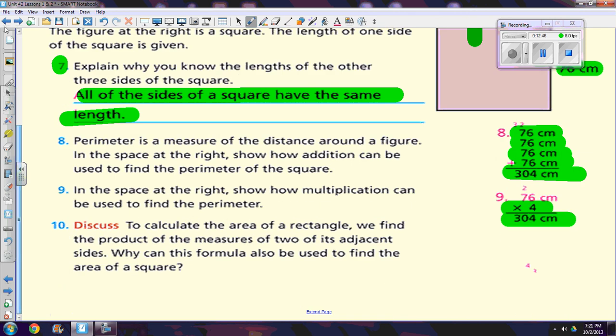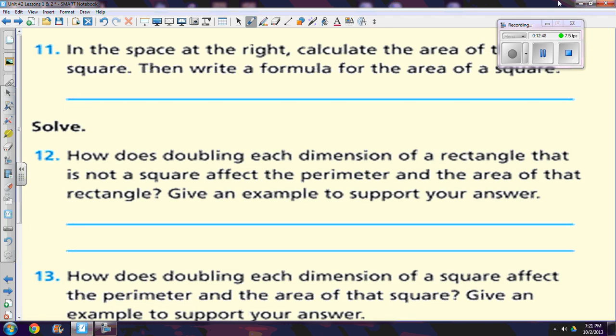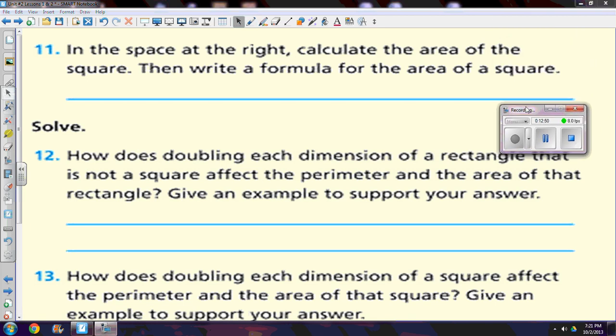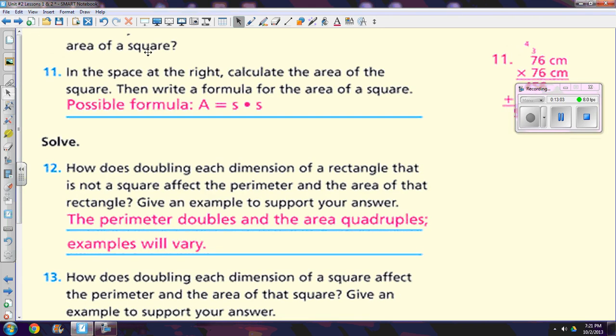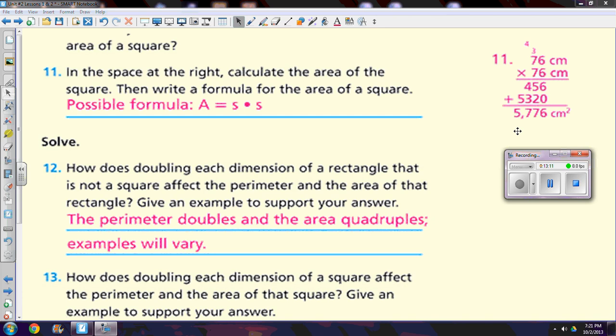All right, let's take a look at 11 here. It says, in the space at the right, calculate the area of the square, then write a formula for the area of a square. So the area would be 76 times 76.